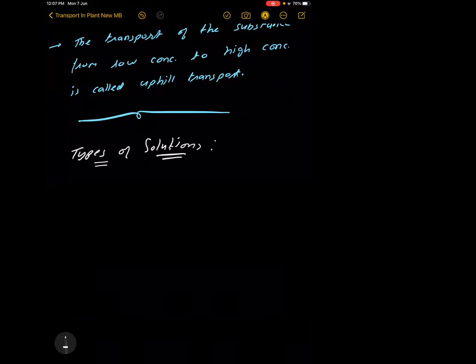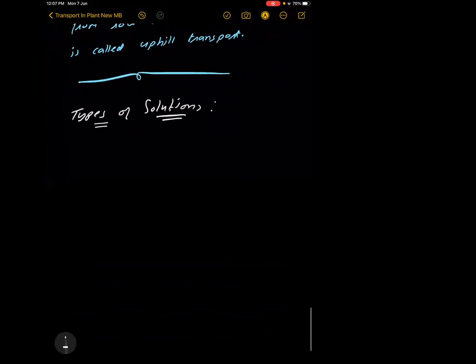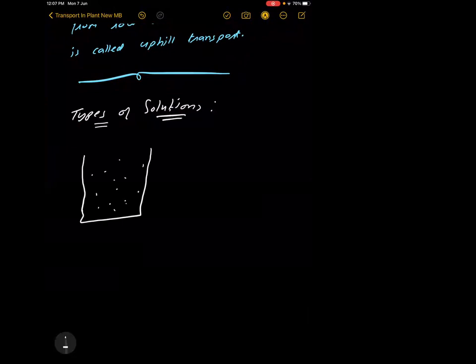Suppose this is the cell sap, cytoplasm. The beaker or any experiment pot.